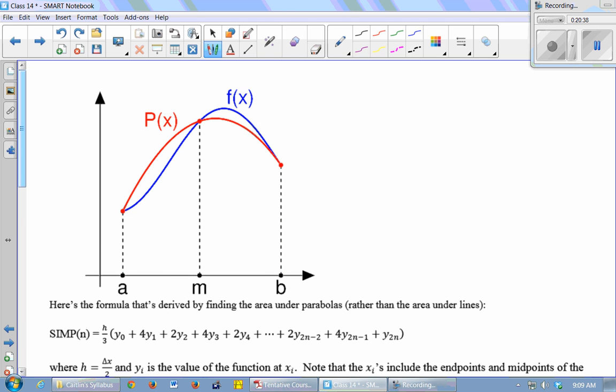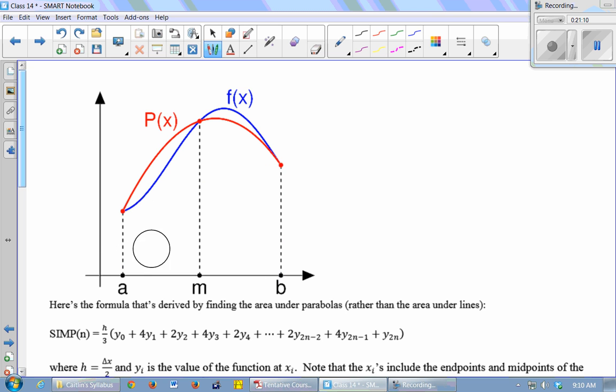I could use a right rectangle, still a pretty terrible estimate. I could use a midpoint rectangle, definitely an overestimate. I could use a trapezoid. So I could connect my two endpoints of f with a straight line and use that to estimate the area under the curve. Not very good.